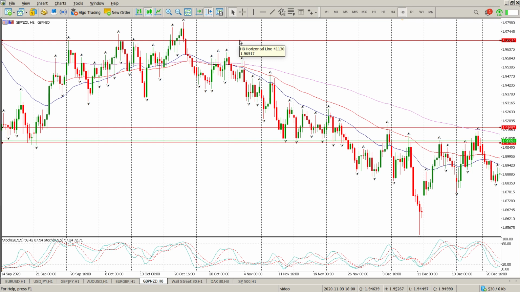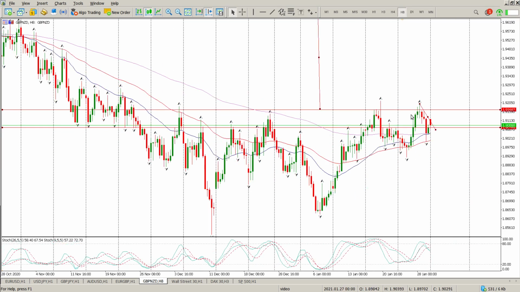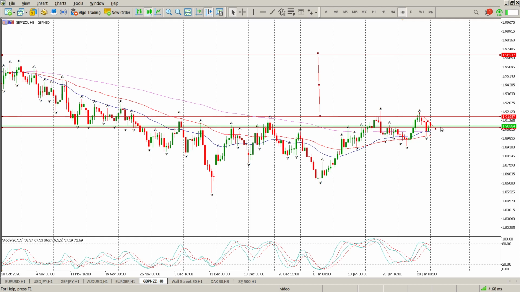So of all the currency pairs at the moment, this one does look like it is offering a lot of opportunity this week. That's what I'm going to be watching out of all of them. I think pound New Zealand dollar is what I'll be watching today, and tomorrow and Wednesday. But anyway, that's my view on the Forex at the moment.